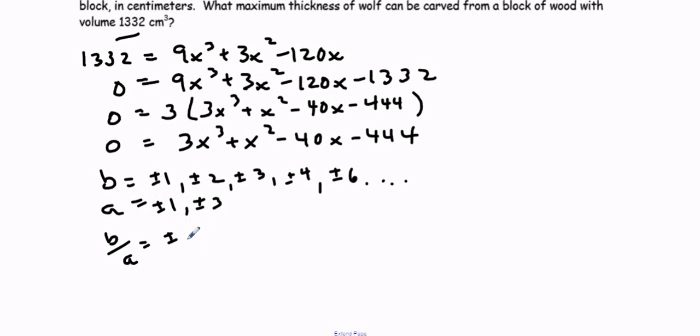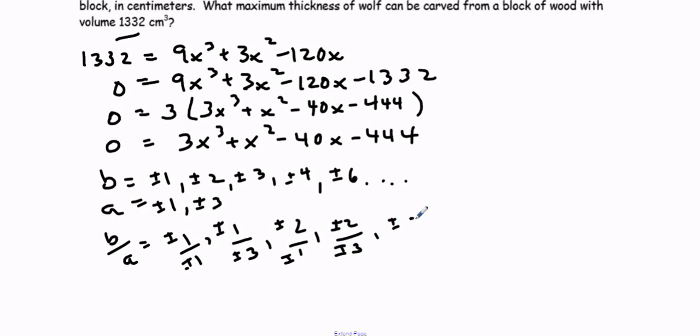So 1 over 1, 1 over 3, 2 over 1, 2 over 3, and we could keep going forever here, and then plus or minus 3. Try the whole number, the first 3 whole numbers that you get first.